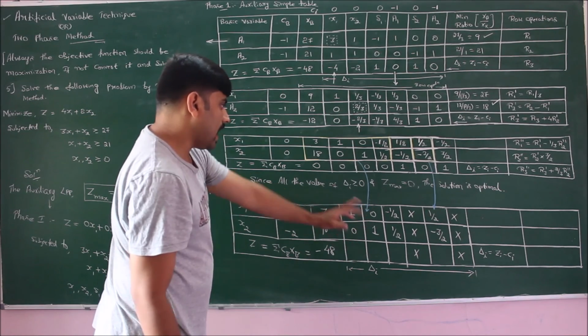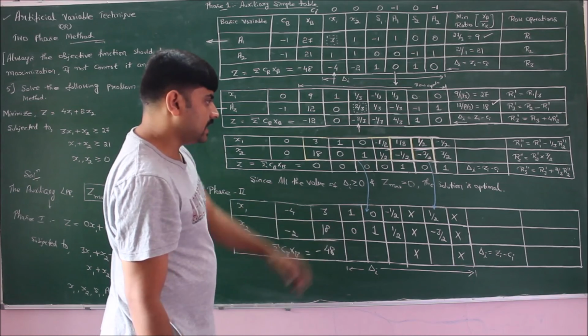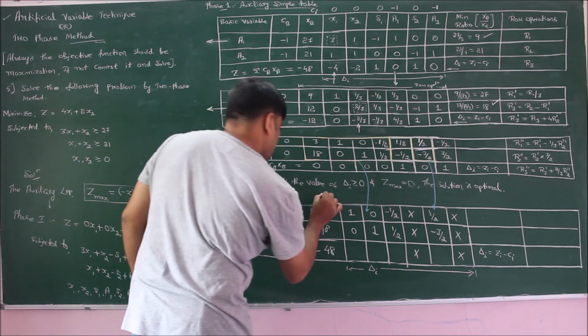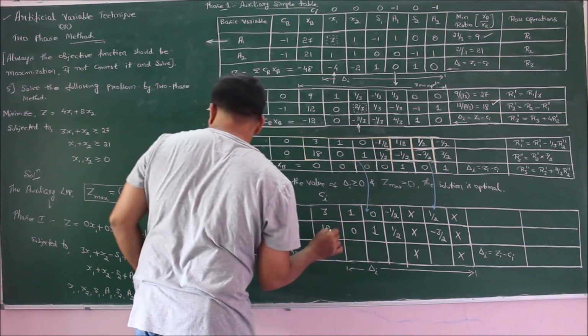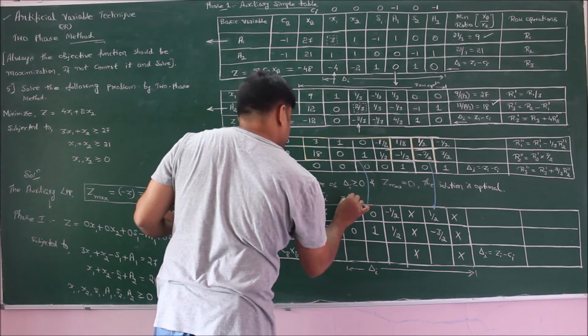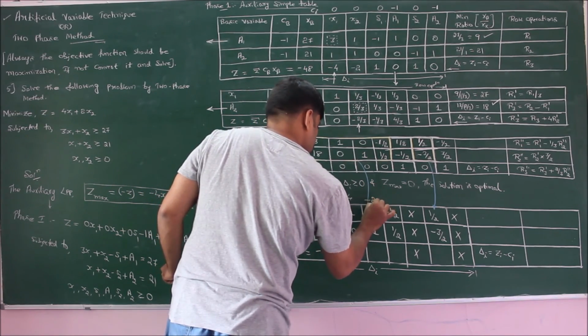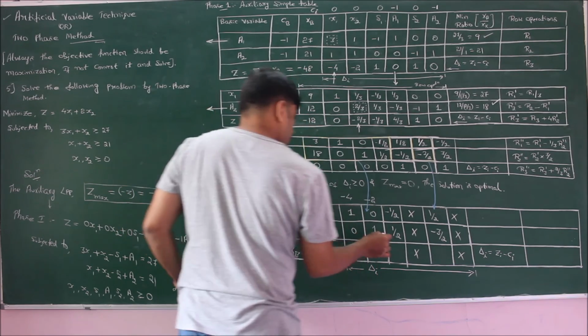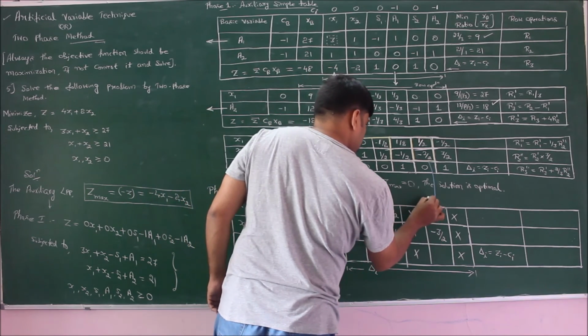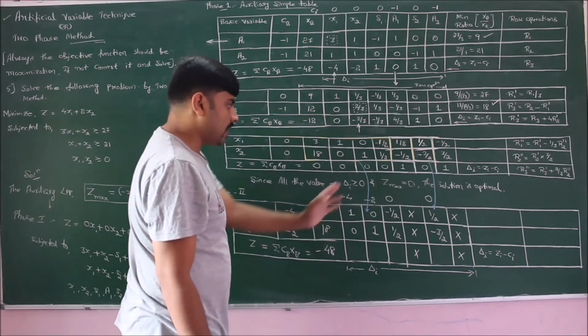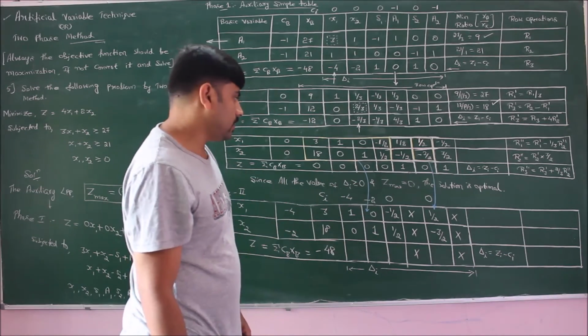Now I should perform actual delta I, that is Zi minus Ci. For that I want the actual Ci. Actual Ci are minus 4 for x1, minus 2 for x2, 0 for s1 and 0 for s2. I have eliminated the artificial variable.